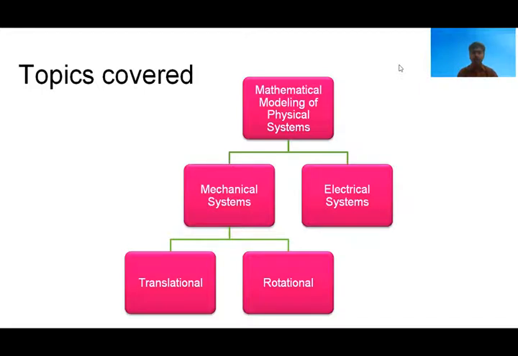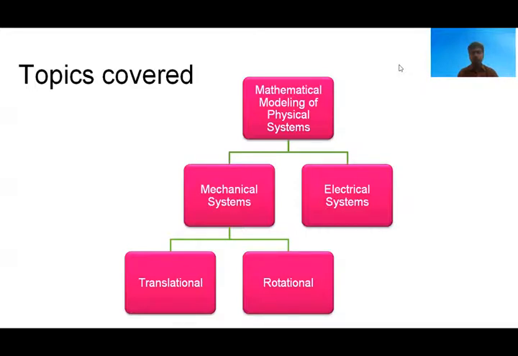And also, we learned the mathematical modeling of various electrical components along with their transfer function derivation. In this video, we will learn the analogous electrical model of mechanical systems.